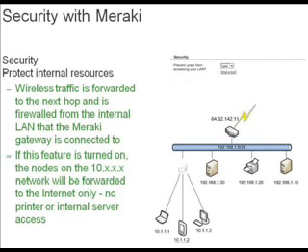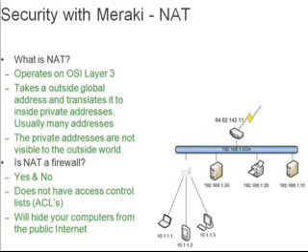It's automatically forwarded out from the Meraki to the border gateway router, to the border router. Basically what happens is that there's an access control list, or an ACL, that forwards the traffic out, and it blocks it from talking to anything else on the 192.168.1.x network.